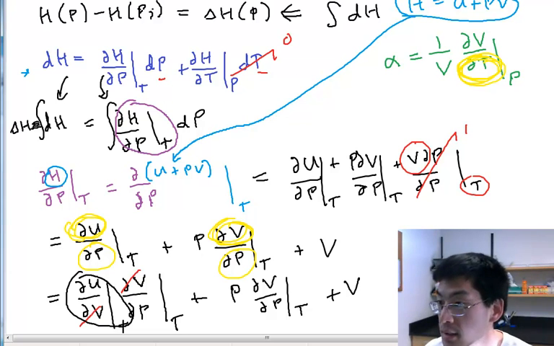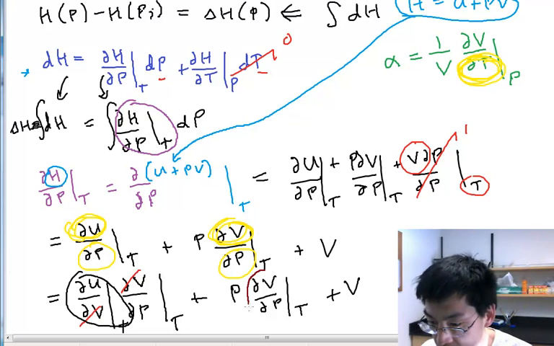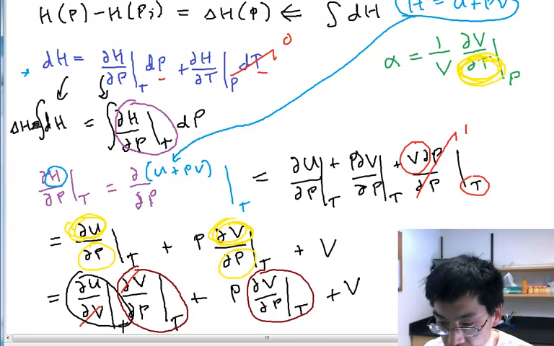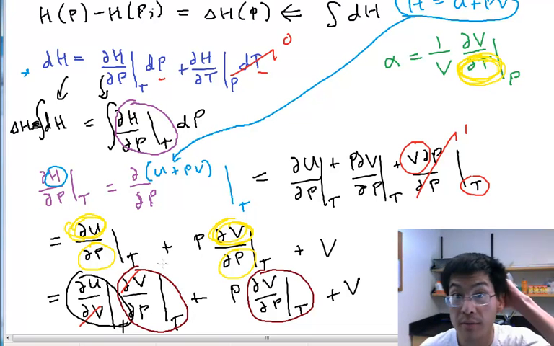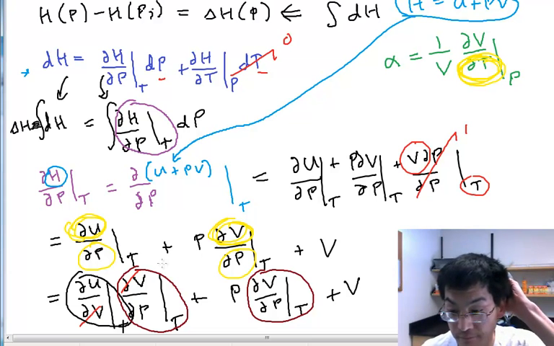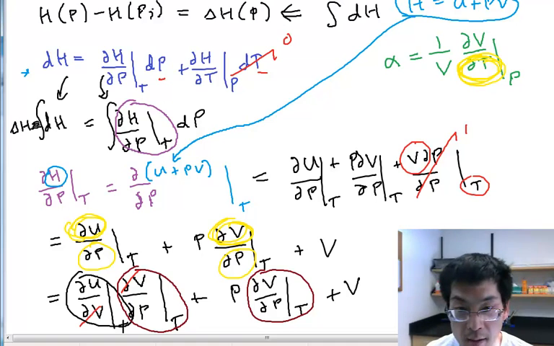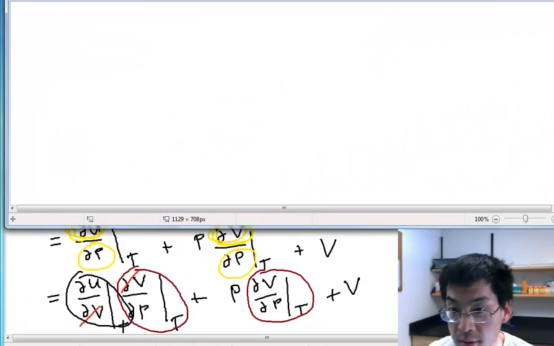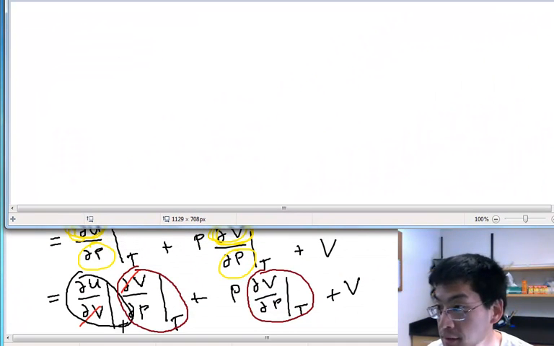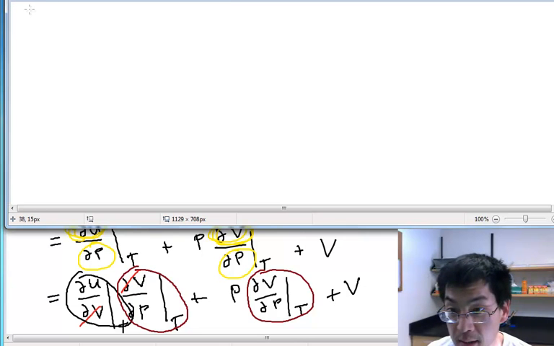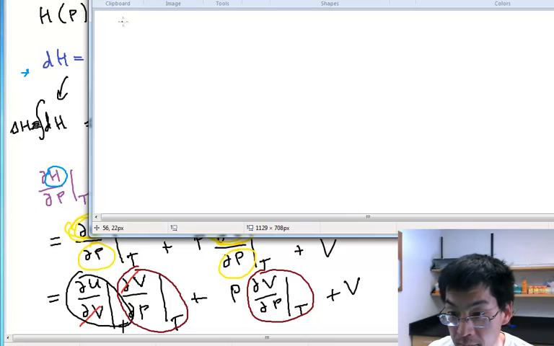Okay, now notice, I'll do this in brown, I can factor out a dV/dP here. All right, so I'm going to factor out dV/dP. Are you ready for this? I'm going to bring in another page here, and factor out that dV/dP. Let me make sure that I know where I'm starting from.